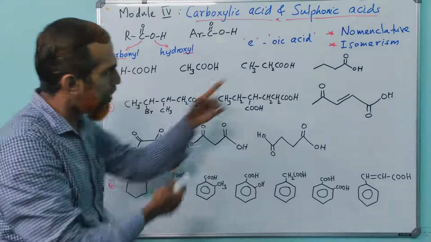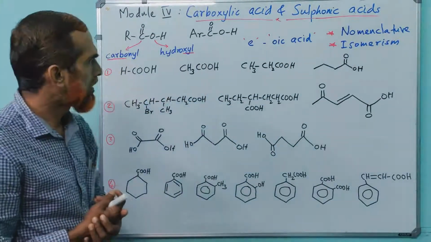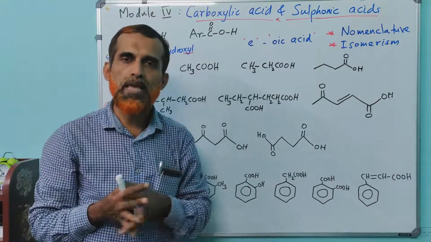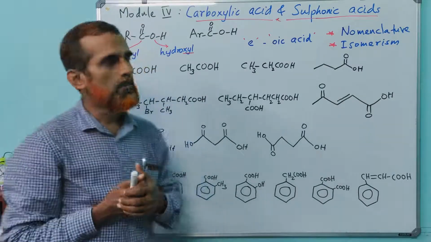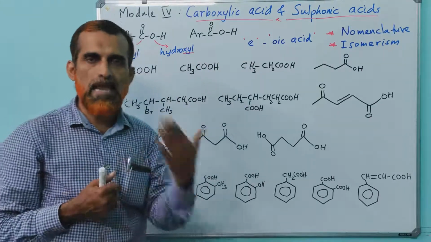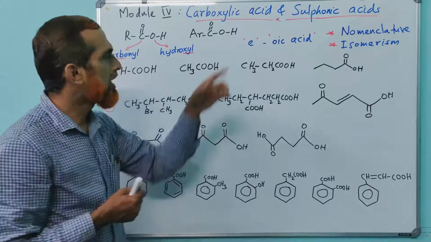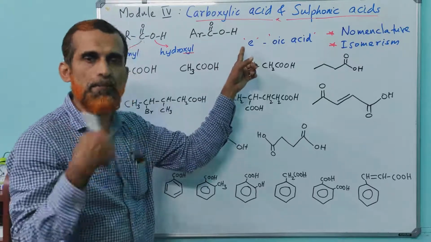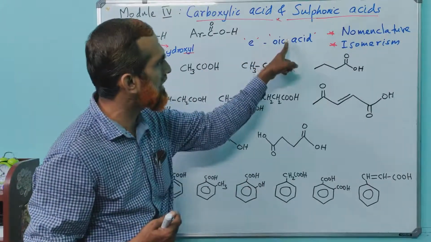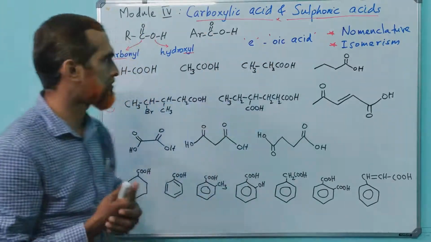Now when we go to the nomenclature first, we know according to the IUPAC system, for naming carboxylic acid, the last letter E of the parent name, like alkane, alkene or alkyne, that last letter E is replaced by oic acid. See that there is a space between oic and acid.